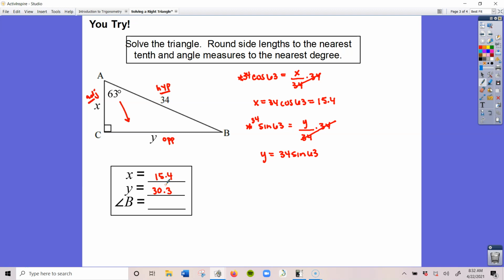Now to solve for the missing angle B, we already have two angles, so we can add these together and subtract from 180. So we get 63 plus 90 plus angle B is going to equal 180. 63 plus 90 is 153. So subtract the 153 from both sides, and we get that B is equal to 27 degrees.